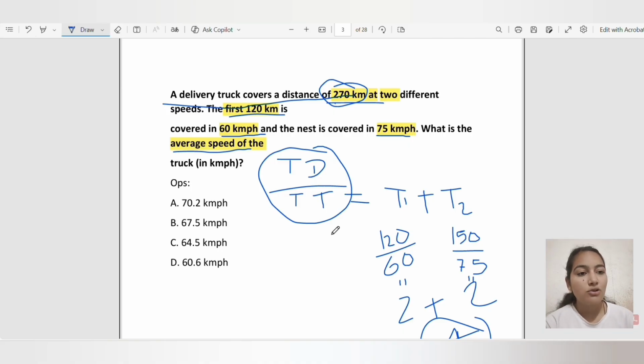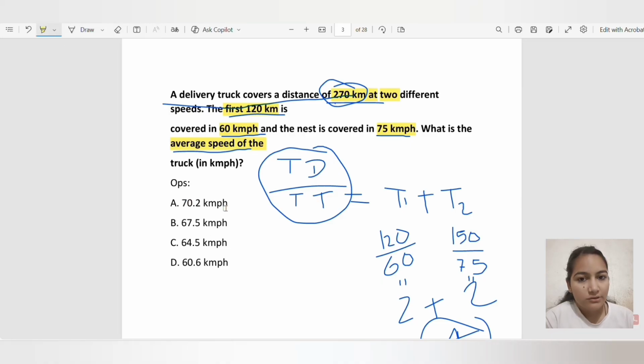You should have a lot of practice, so that you will have a habit of eliminating the options. So first, option A cannot be your solution. Why? Because 270 upon 4 is not 70.